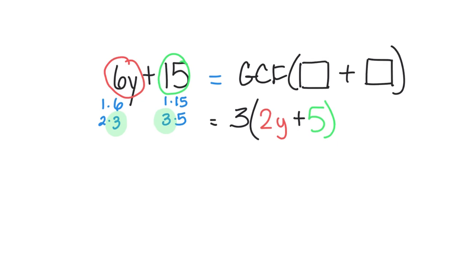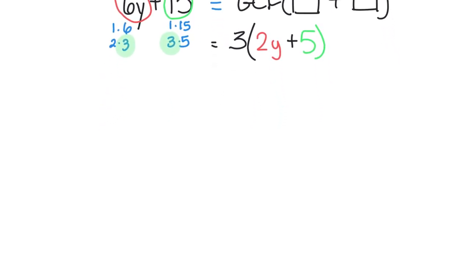So let's do another one. What if I said 15a plus 30? Okay, let's do our list first. What times what gives me 15? 1 and 15, 3 and 5.